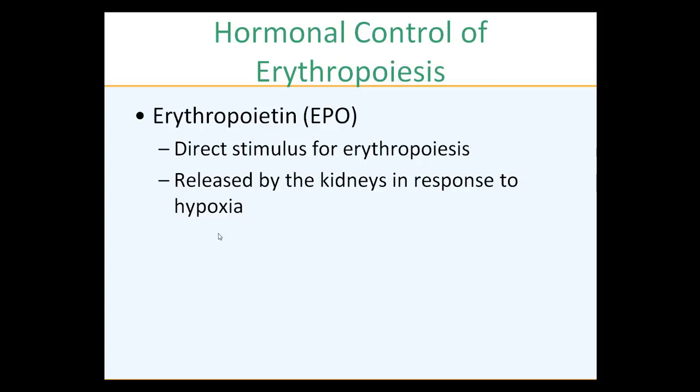Why is that? Because you need more red blood cells. And the same thing if someone has COPD for a longer time. Of course, you would expect their hematocrit value to be higher, because you want to make more red blood cells to carry whatever available oxygen is out there.